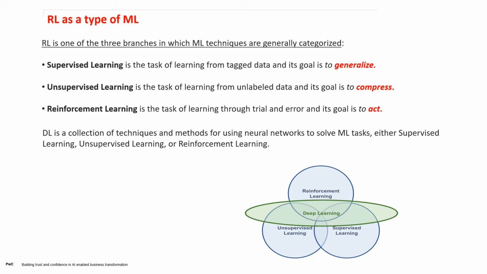Unsupervised learning, or so-called representation learning, the task of the agent is really to learn from unlabeled data, to provide a compression for better understanding of high dimensionality data. Reinforcement learning, the task of the agent is to learn through trial and error to perform an action. So supervised and unsupervised learning really are perception tasks.